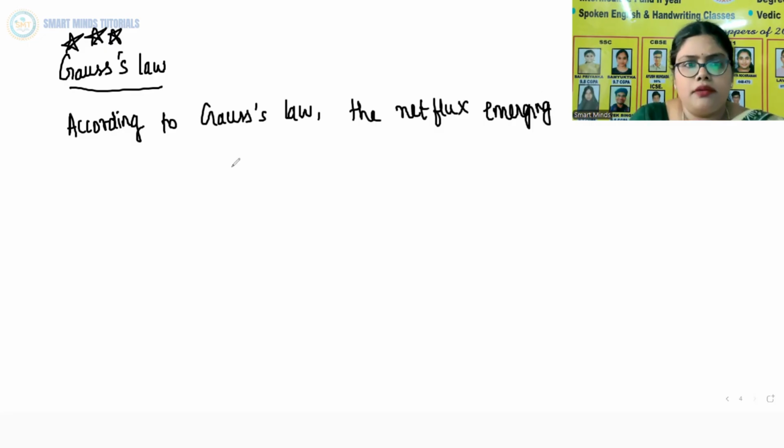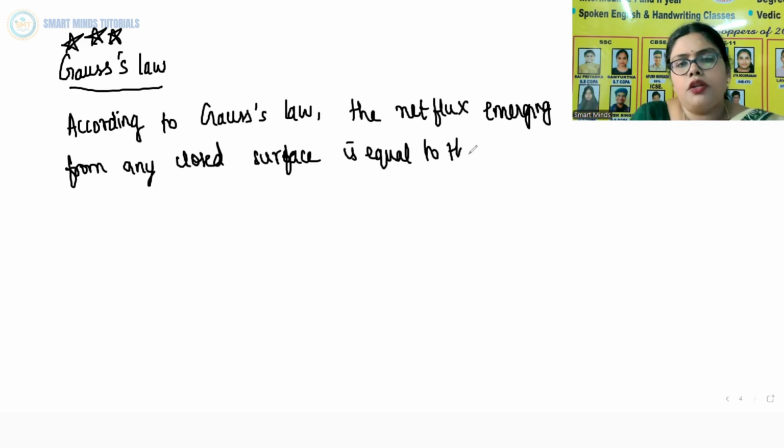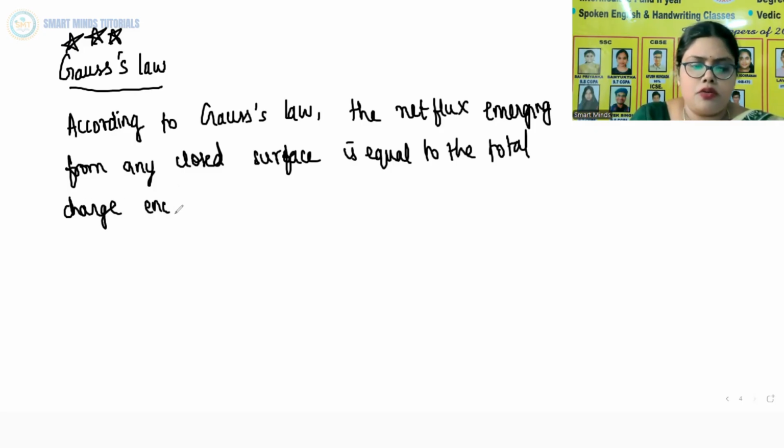According to Gauss law, the net flux, now just now we have understood what is flux, so the net flux emerging from any closed surface is equal to the total charge enclosed within the surface. That is, Xi is equal to Q.